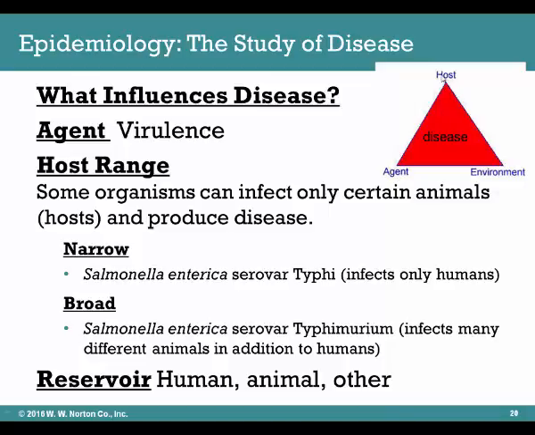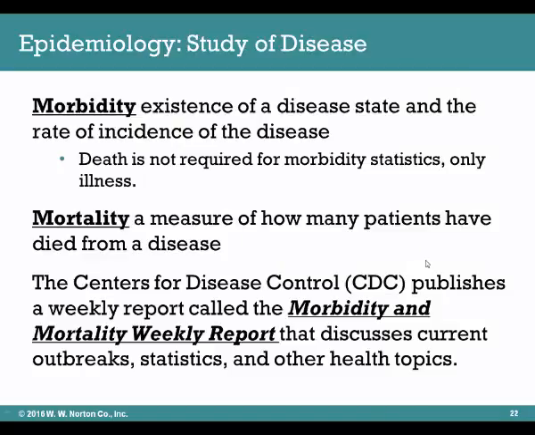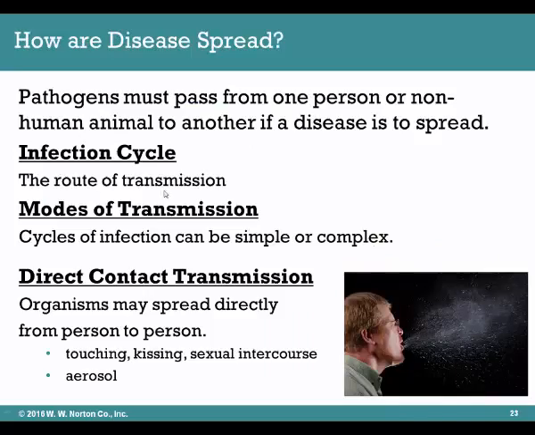The host that we're most interested in is the human host, but there may be other hosts, and the environment or reservoir. Okay, so this relationship, understanding all three components and identifying them is important, but we also need to understand, in order to make recommendations, how the agent is transmitted from its reservoir in the environment to a human host. And that's really what we define as disease transmission.